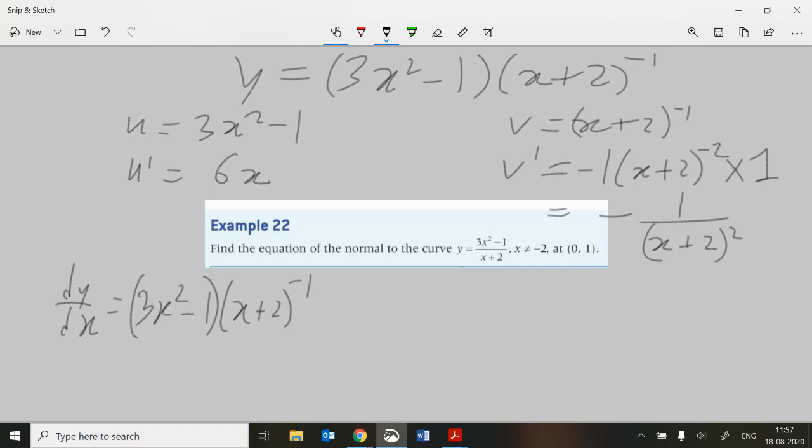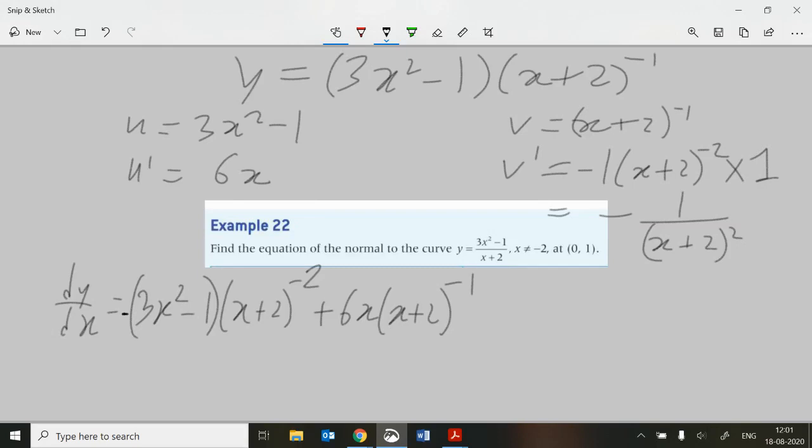And then the next one is going to give us plus v. Sorry, I've made a mistake, that's u and I've just times by v. I need to times by v dash. There's a minus on the front here as well. And then we've also got plus u dash, which is 6, and times by v, which is x plus 2 to the power of minus 1.